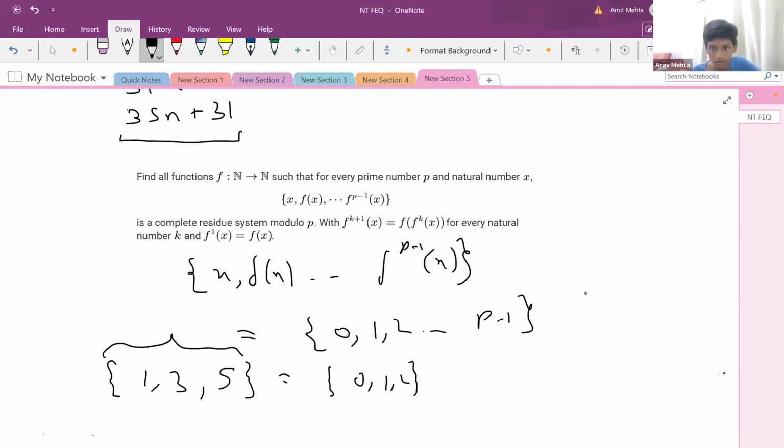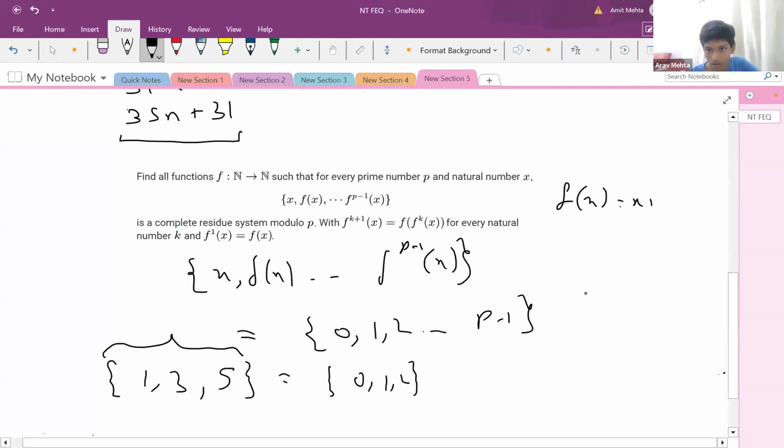So like you might have guessed, f of x equals x plus 1, and I think this is the only solution.